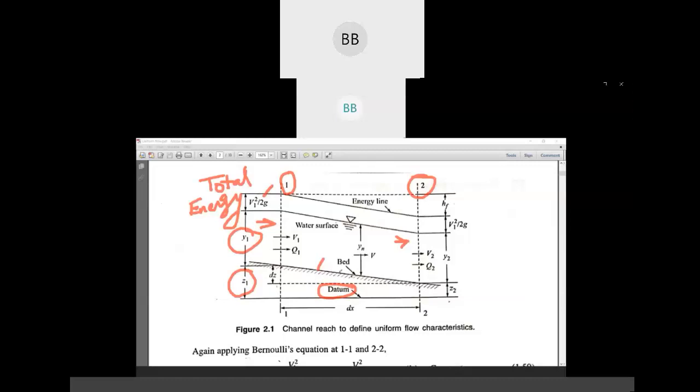If you want to compare total energy for section 1 and section 2, you have to find total energy for each and then add this loss. Then only we can say the total energy in both sections is same.